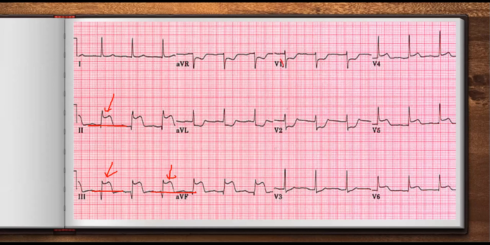If you look at the V1, this is the baseline and there is ST depression. V2 having ST depression. V3 having ST depression. But V4, V5, V6 having ST elevation. Now I understand that we haven't done the ECG and it might be quite difficult for you to get these sort of things.